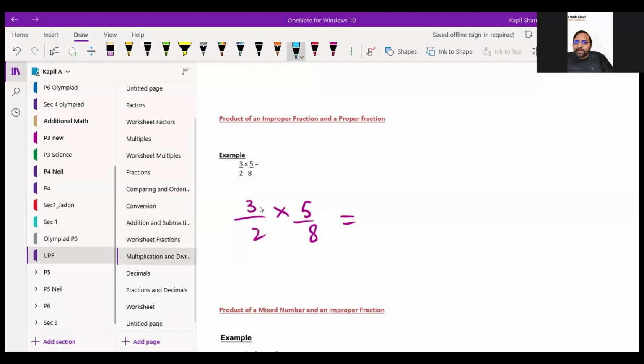See, you need to multiply the numerators, and then denominators. Do it again. Answer. No, we don't have to.